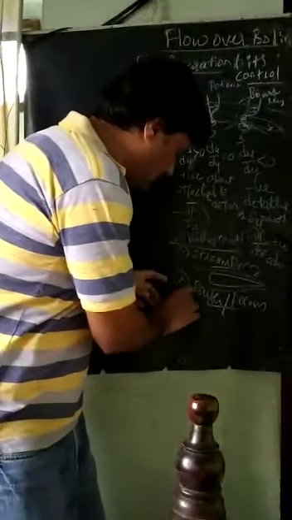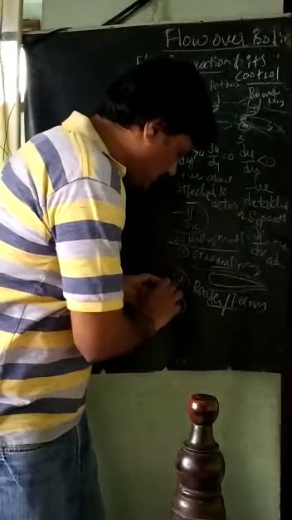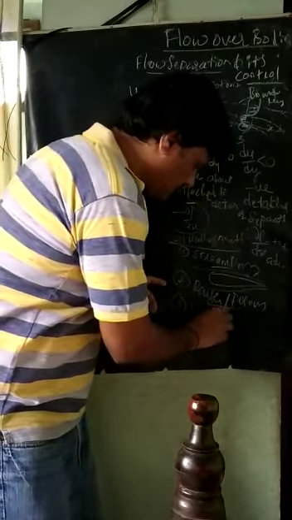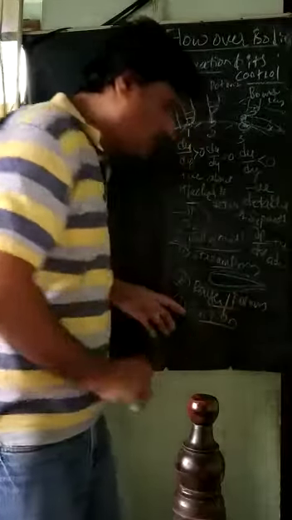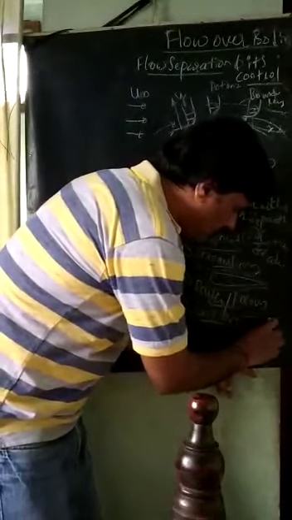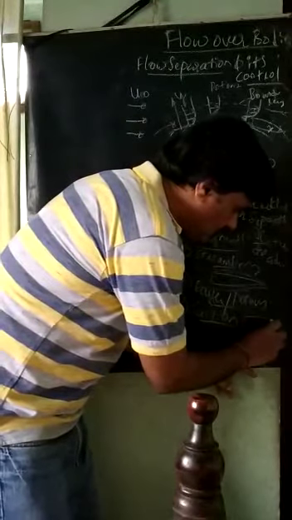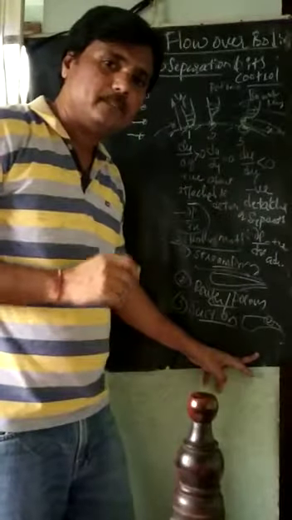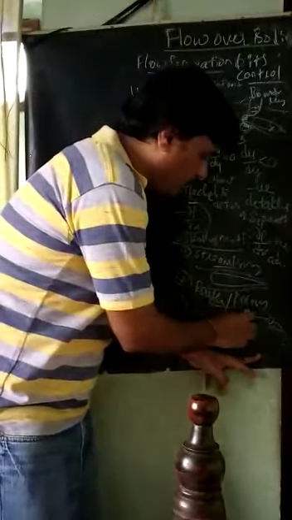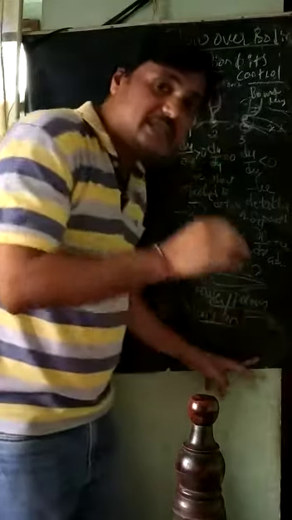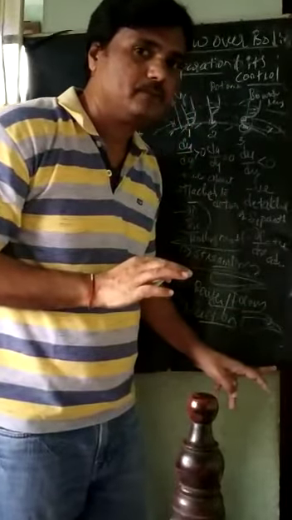The third one is called suction. What is the suction method? In the body, we are making certain holes. The fluid particles will come into these holes and lose their kinetic energy.